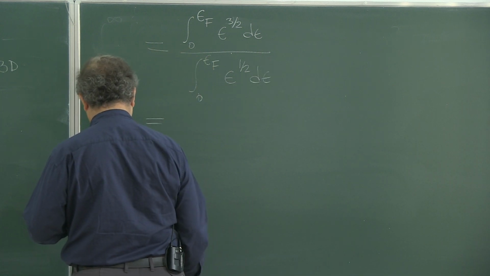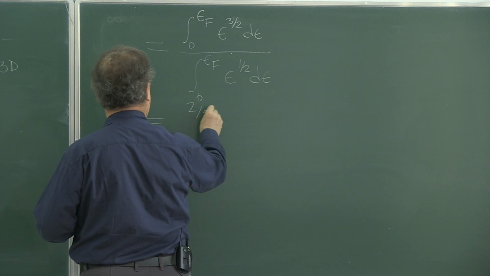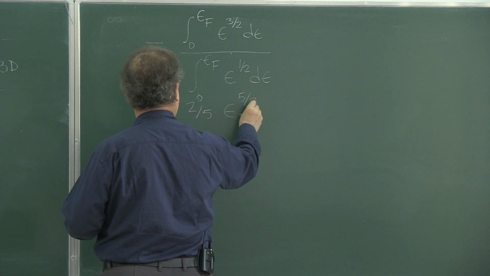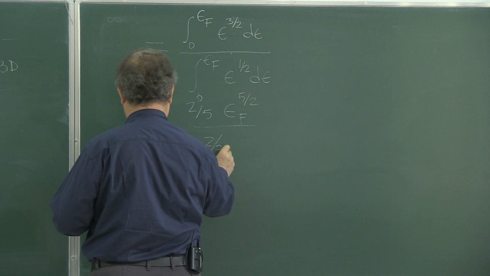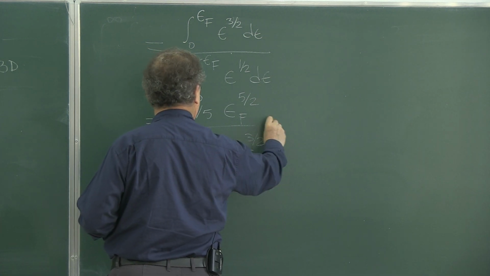That gives you, very simply, 2/5 E_F^(5/2) divided by 2/3 E_F^(3/2).